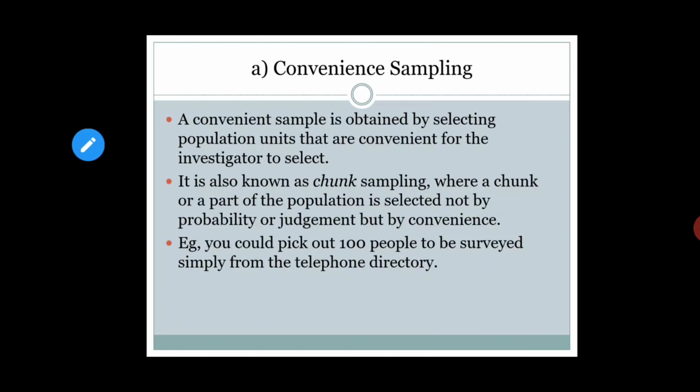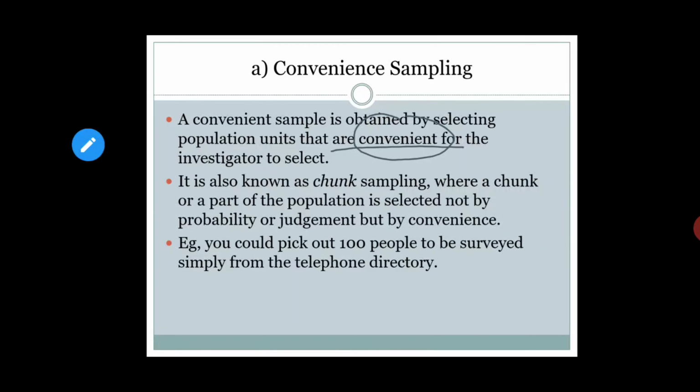So this is the first type of non-random sampling. A convenience sample is obtained by selecting population units that are convenient for the investigator to select. That means he gets to choose those units of the population which he finds most convenient to obtain.